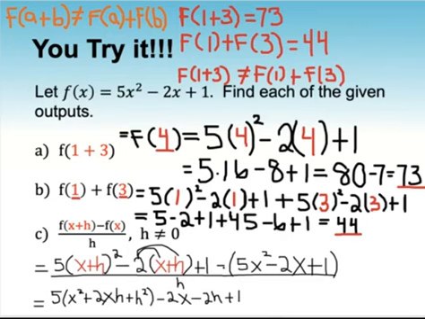And then the minus that we have right here in front of the 5x squared minus 2x plus 1 is just going to change the sign of each of these. So it's just getting distributed. So we have minus 5x squared plus 2x minus 1.